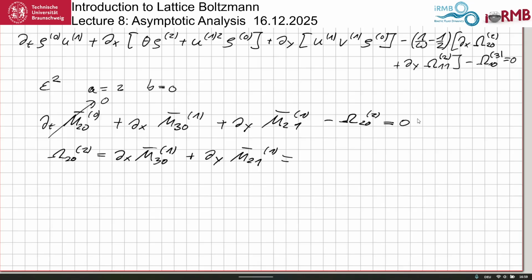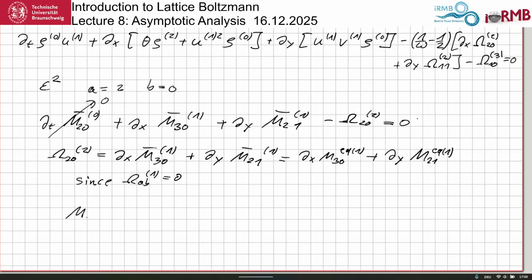So this means that this here is equilibrium already, plus dy m21 equilibrium to first order, the reason for this being that any omega to first order is equal to 0.